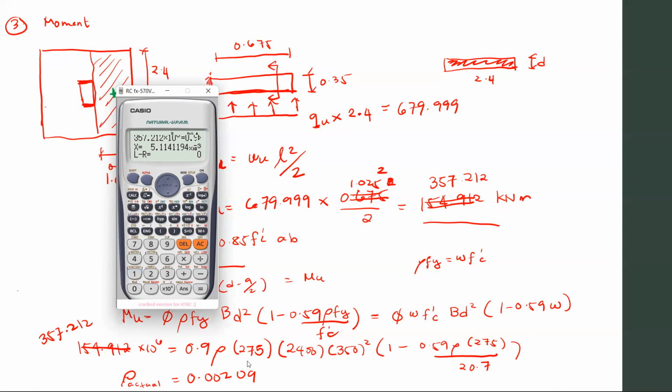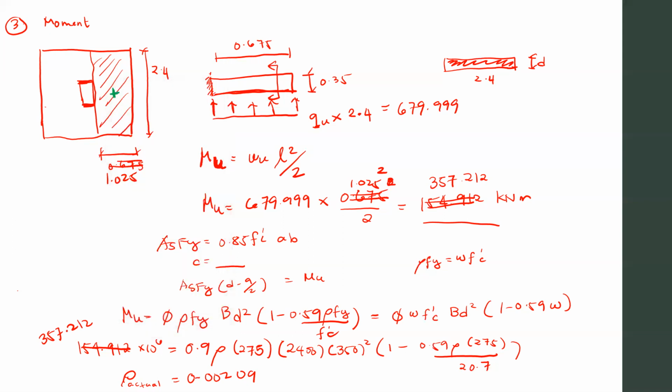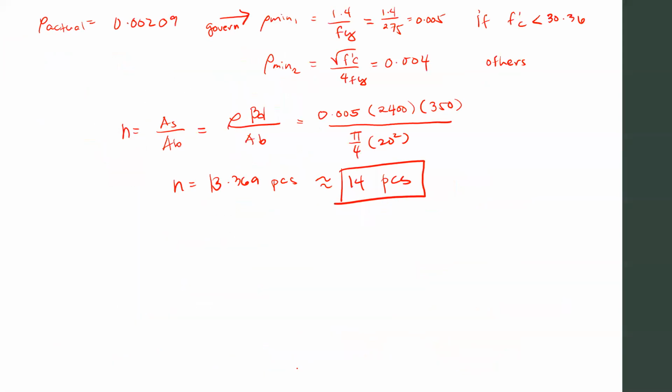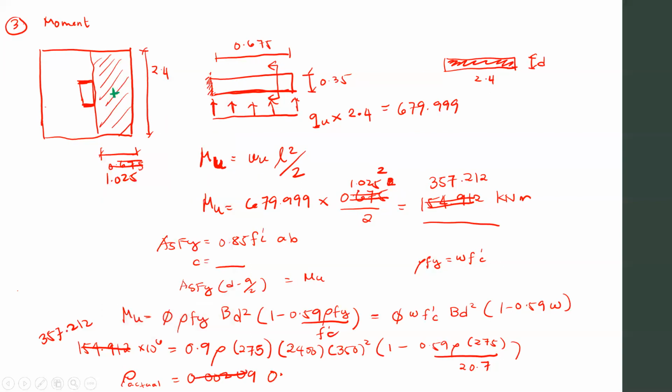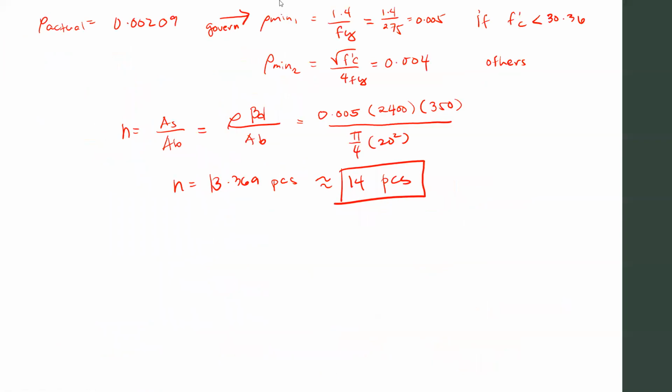Okay, so dapat above pa pala siya sa rho minimum. Okay, so this is 0.00511. Tama ka. Should be rho actual 0.00511. So kung i-compare natin siya dito, this is 0.00511. Okay? So therefore, yung mag-govern pala is not this one. Ang mag-govern is ito.